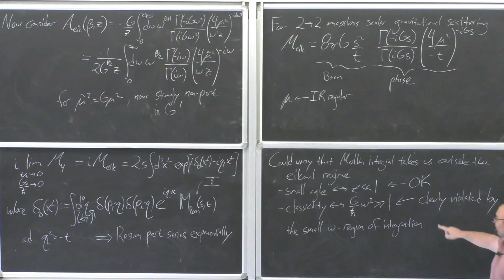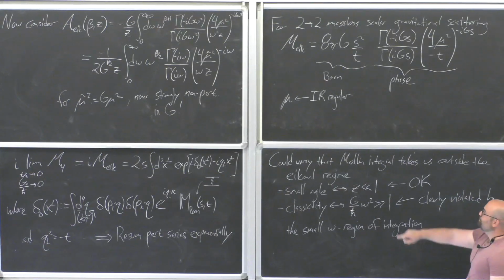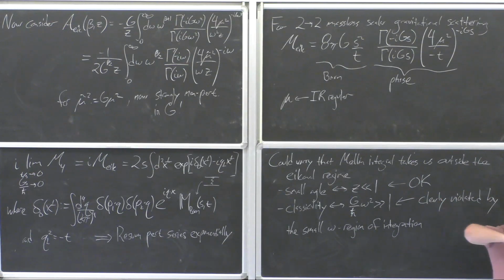Right? So this classicality constraint doesn't really have anything to do with the problems we were having defining the Mellin integrals before. All it means is that if we can show that this Mellin integral converges to some sort of analytic function, any properties of that analytic function that are due to the small omega region of integration are liable to receive quantum corrections. That's all it means.